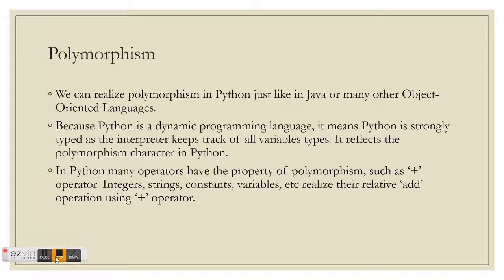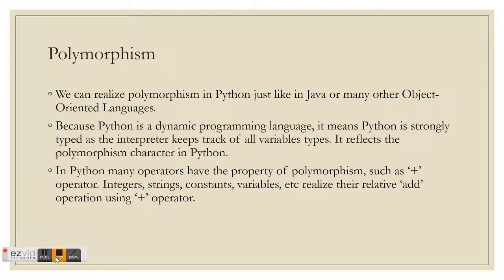And here also we can realize polymorphism in Python, just like in Java or many other object-oriented languages. Because Python is a dynamic programming language, the interpreter keeps track of all variable types, and this reflects the polymorphism character in Python.